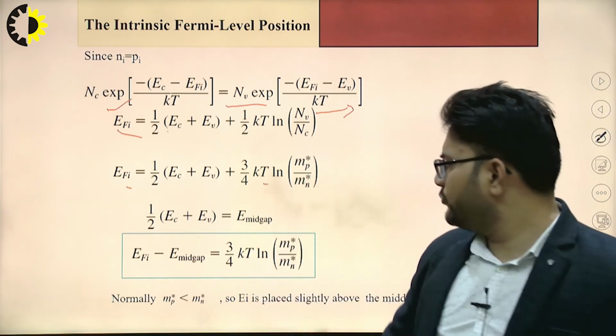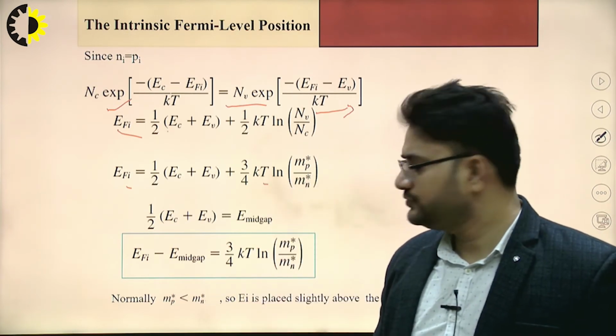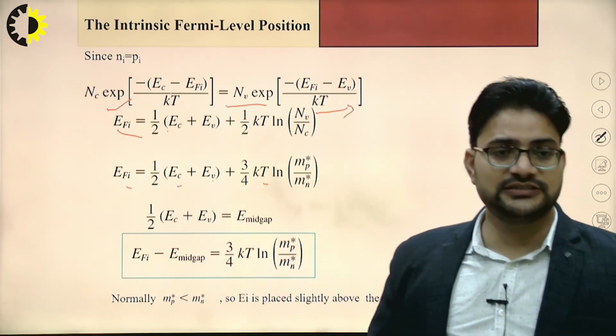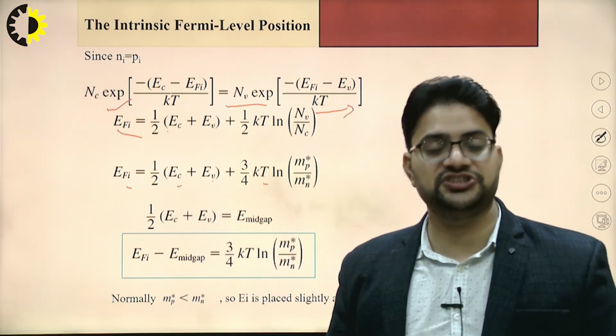if temperature is equal to 0, then Ec plus Ev divided by 2 is called the mid gap energy.